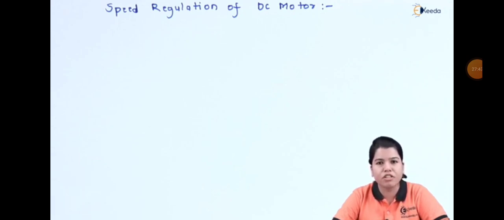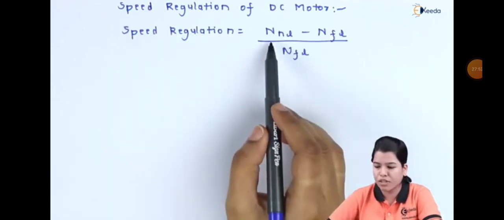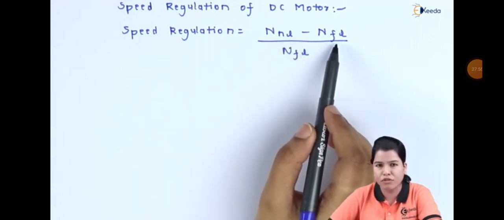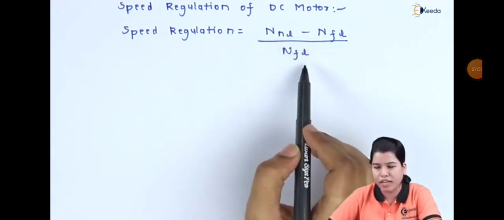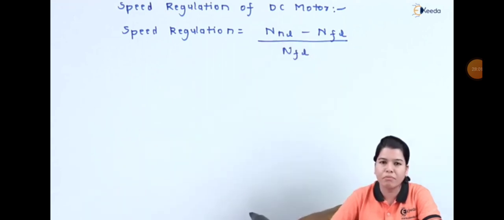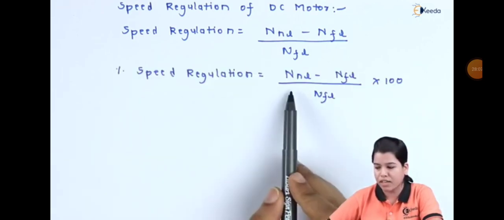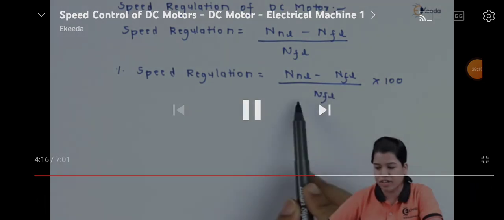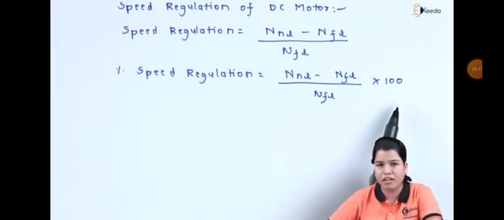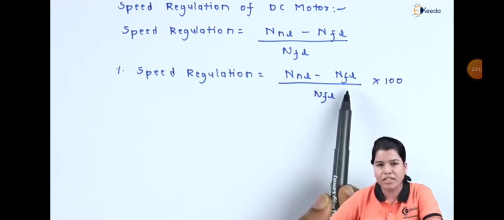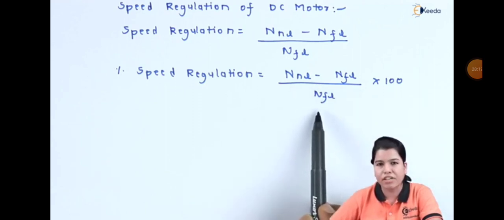Hence, the speed regulation is equal to N_NL minus N_FL, in the ratio of N_FL. Now, the percentage speed regulation is given by N_NL minus N_FL divided by N_FL multiplied by 100, where N_NL is the no load speed and N_FL is the full load speed.